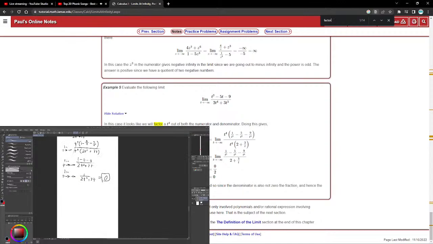Alright, I don't really understand that. In this case, using fact 1, we can see the numerator is 0 since the denominator is also not 0 in the fraction, and hence the limit will be 0.